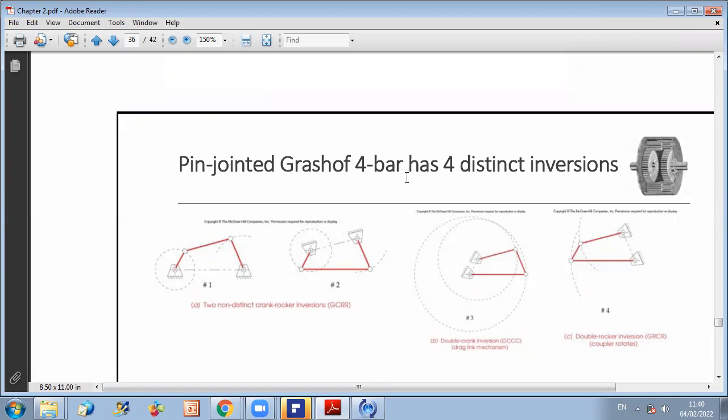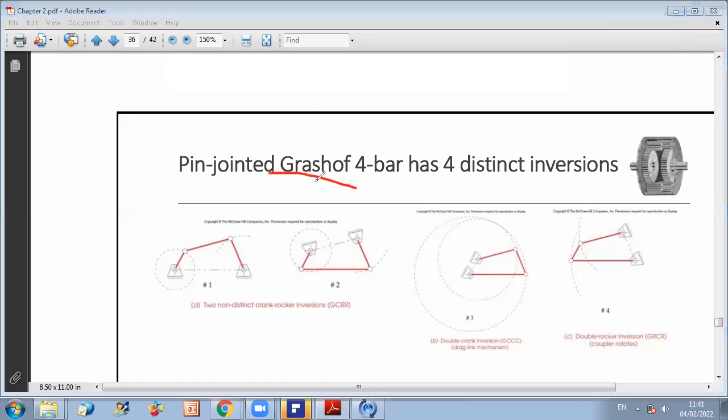Okay, so if I take the example of a 4-bar linkage system, and to remind you, when I say that it's a Grashof 4-bar linkage system, whenever you see the word Grashof, this means that one of my links can undergo complete rotation.